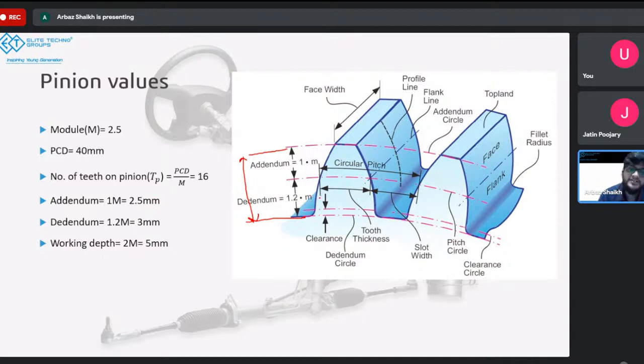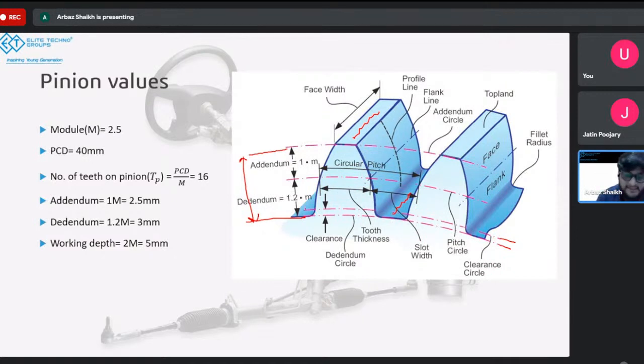But whenever you mesh a gear with another gear, there will be some clearance, and that clearance can be seen in this part. This is the clearance circle. That clearance circle is there because if you mesh this pinion with another pinion, the top surface of the other gear should not interact with the bottom surface. There should be some clearance between these two surfaces, and for that we have this clearance surface.